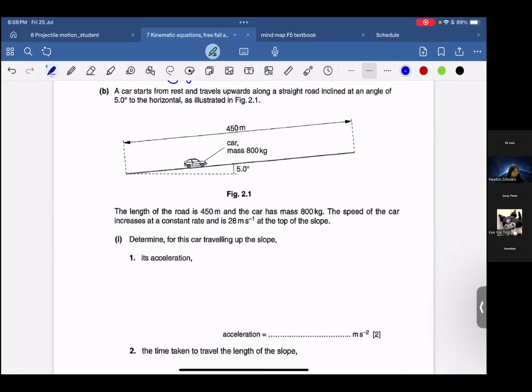Any of you get the answer? Let me call the name. Prasan? Is it okay?